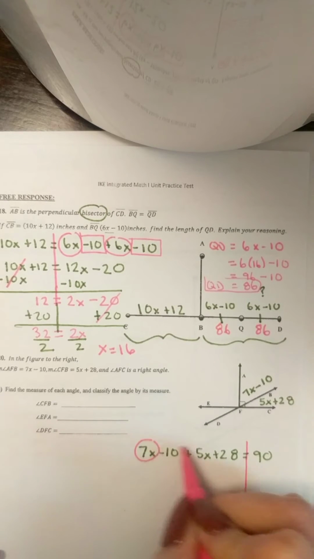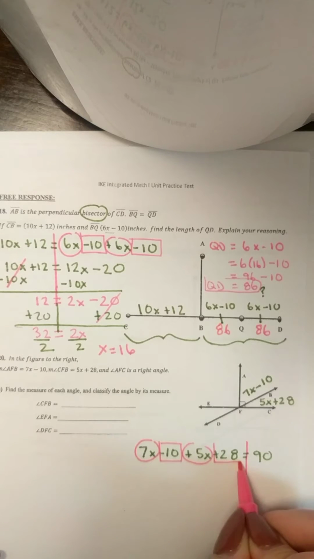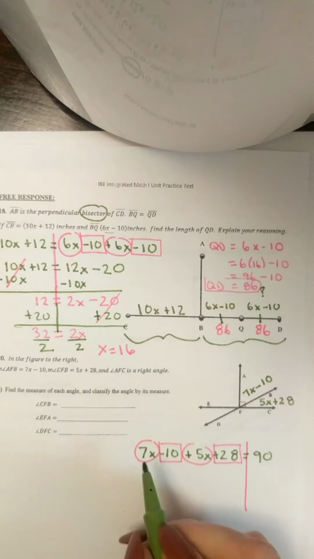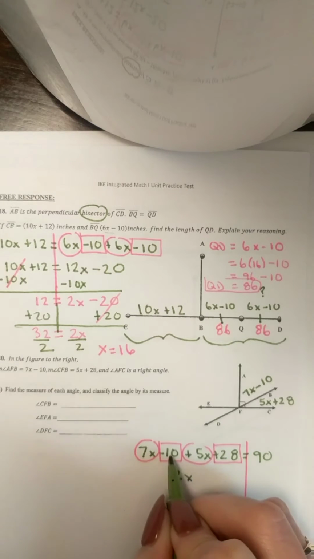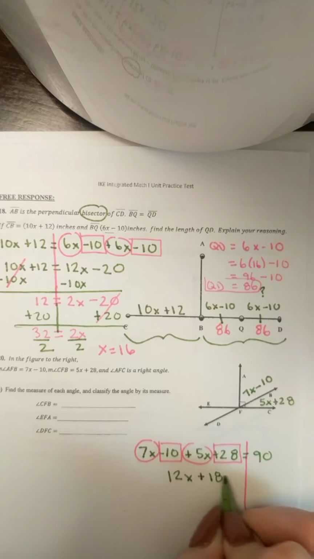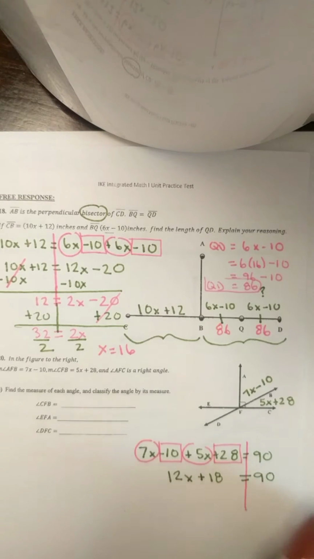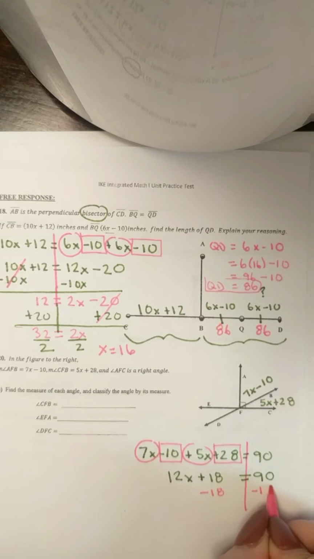Like we did before, combine like terms. We have 7x plus 5x is 12x. Negative 10 plus 28 will be positive 18. Subtract 18 from both sides.